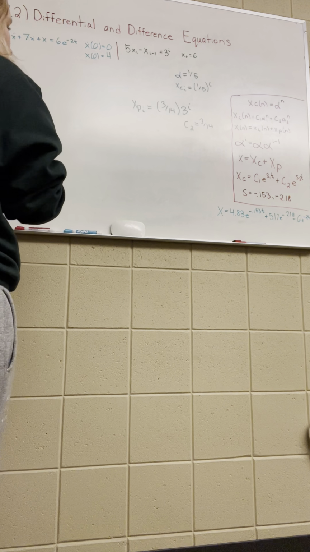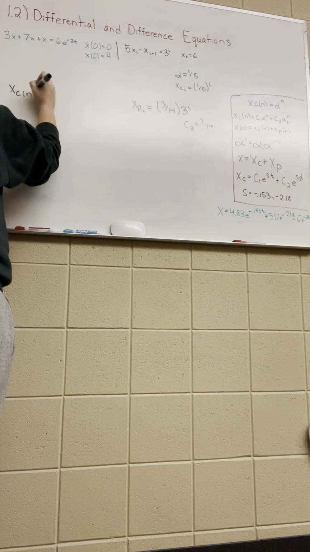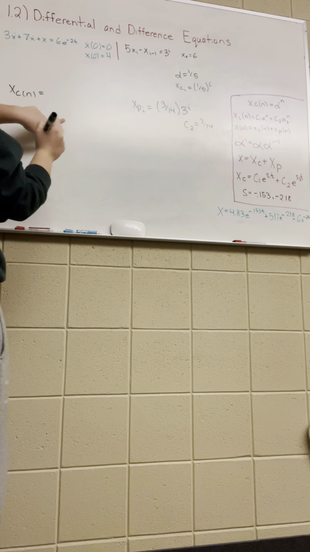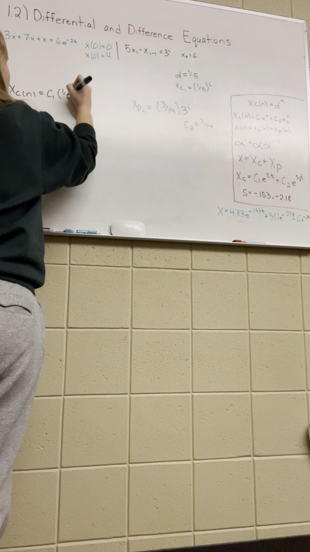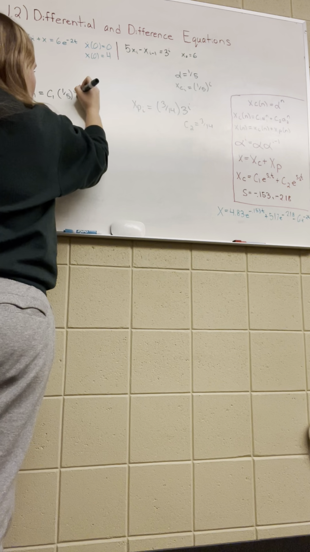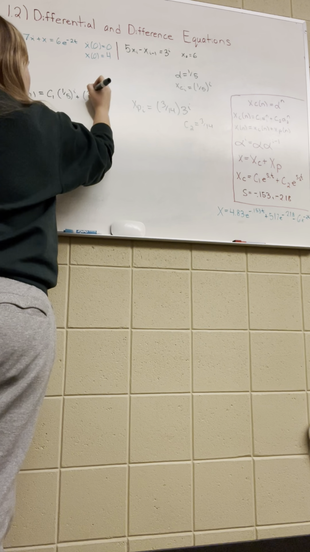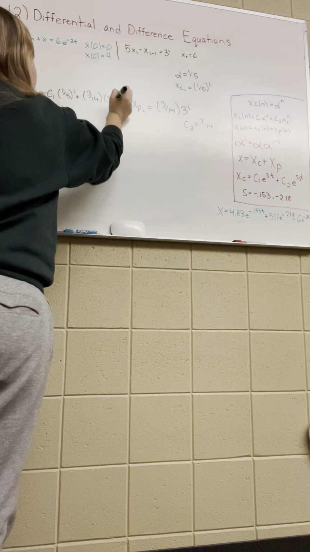And now we are in the last part where x of n equals, we're going to do c1 times 1 over 5 to the i plus 3 over 14 times 3 to the i.